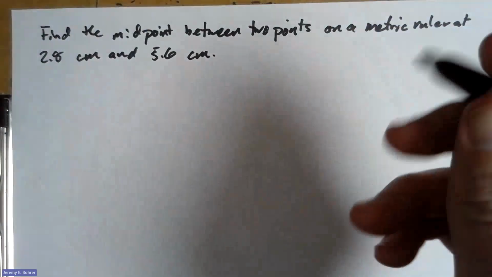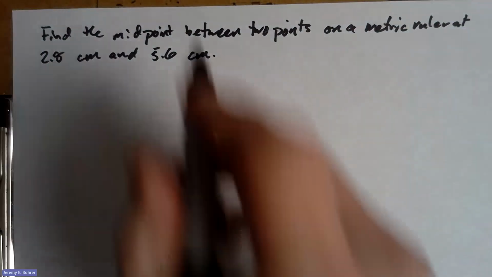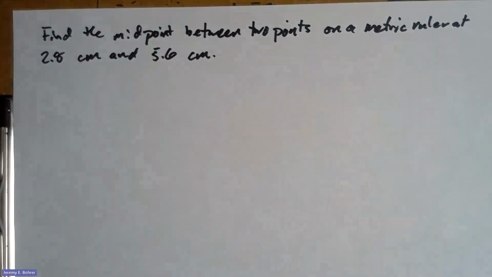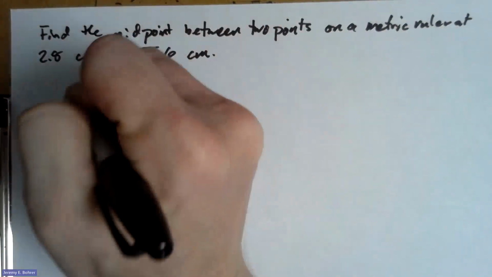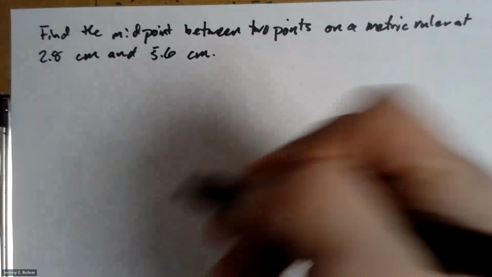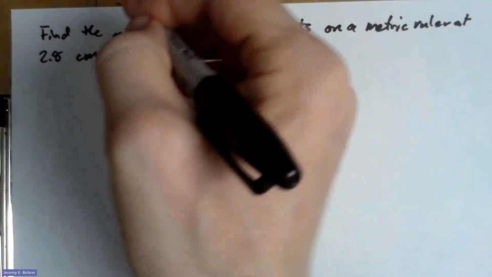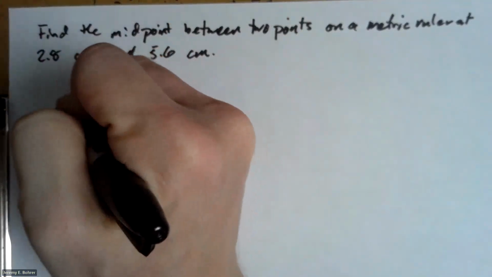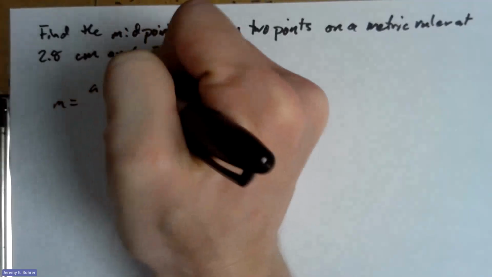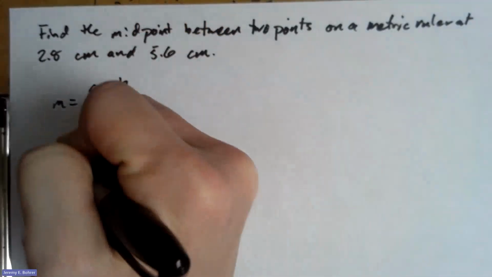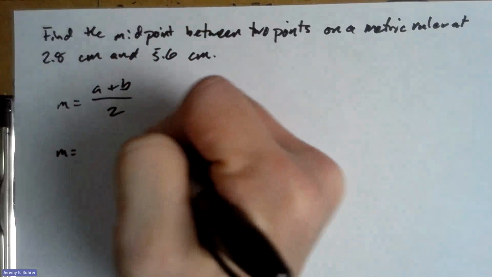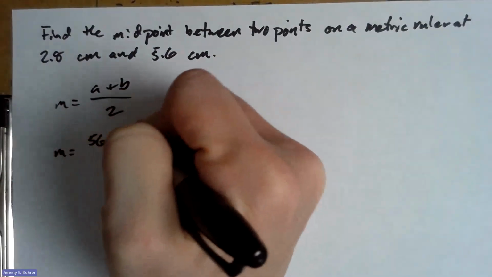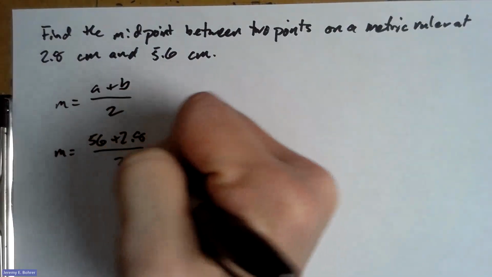The midpoint on a straight line is the average of the values, or the mean of the values. So the midpoint M is equal to A plus B over 2. So here we've got M equals 5.6 plus 2.8 divided by 2.